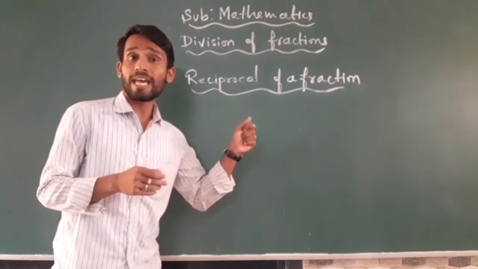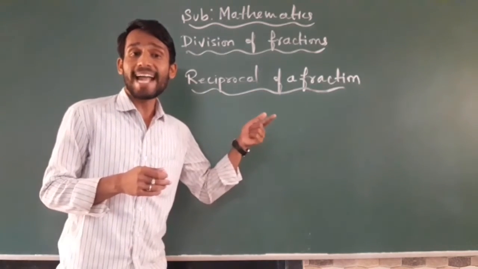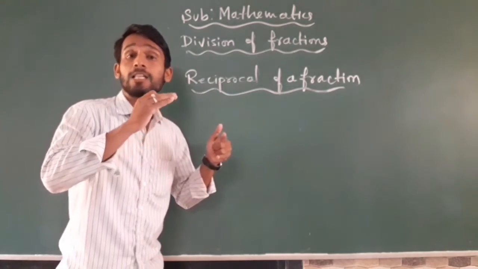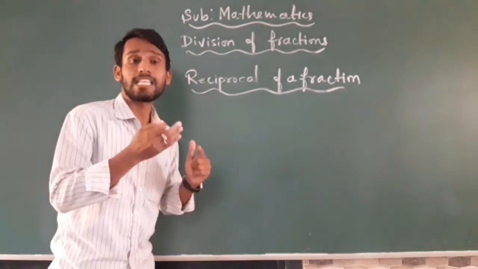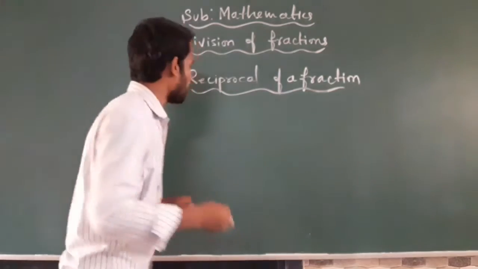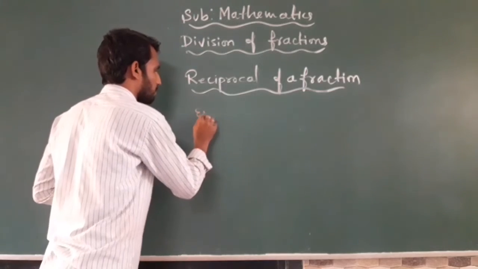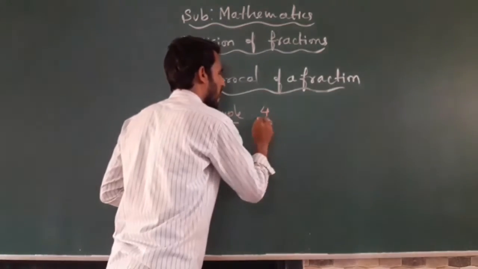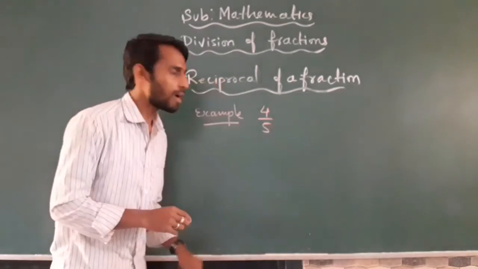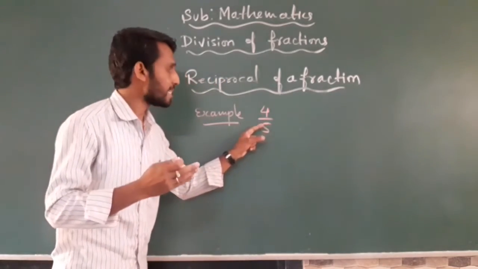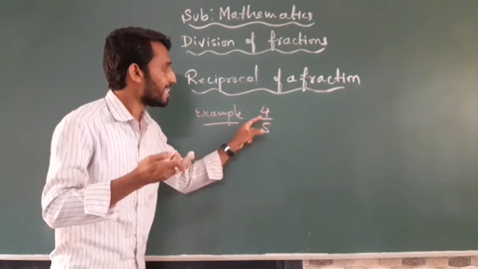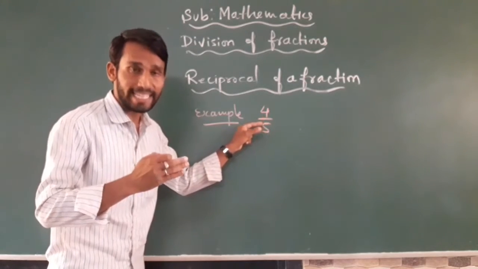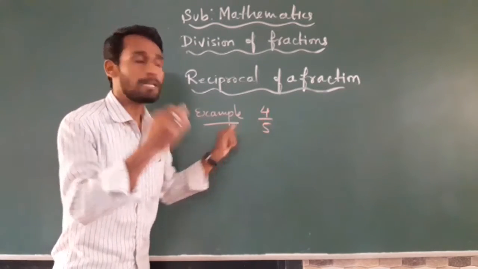That is the reciprocal. See another example: 4 by 5. What is the reciprocal? We have to invert the numerator and denominator. That we call the reciprocal.